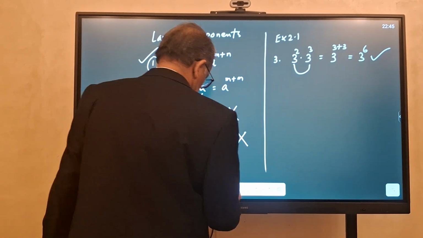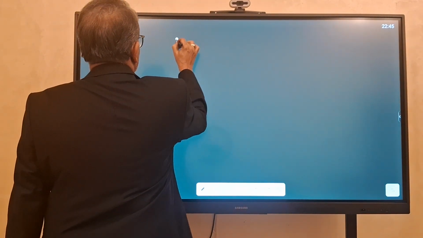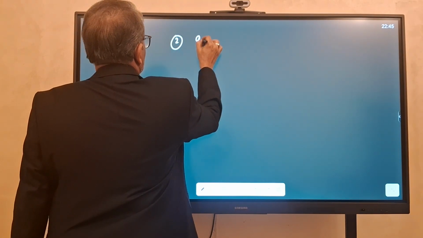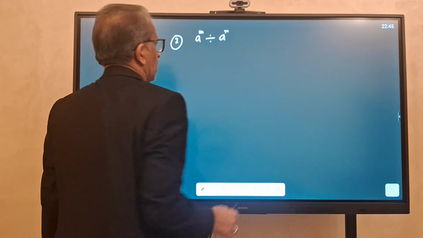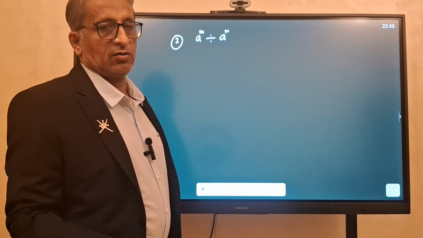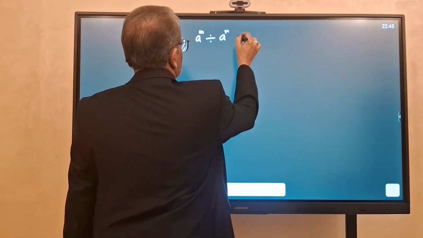Then we come to the second law. Number 2: a to the power m divided by a to the power n. That means we are now dividing the two exponents.